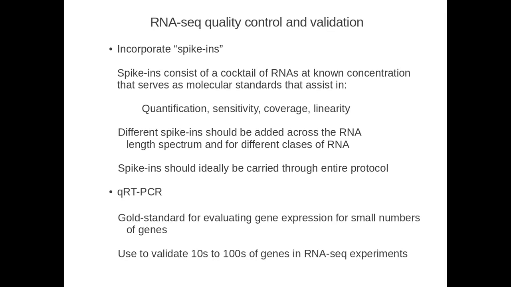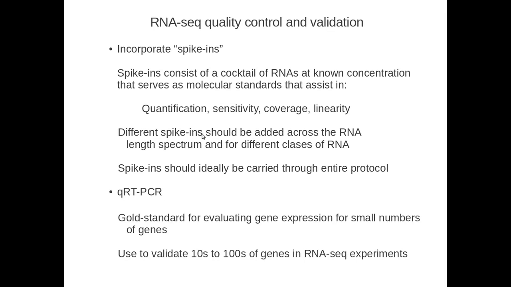It allows you to assess where the linear parts of your quantification of RNAs are, and where you get so low that you're no longer in a linear range and therefore in a danger zone in terms of drawing conclusions about your real sample RNAs. So all of these issues, quantification, sensitivity, coverage, linearity, can be somewhat addressed by including these spike-ins in your analysis.